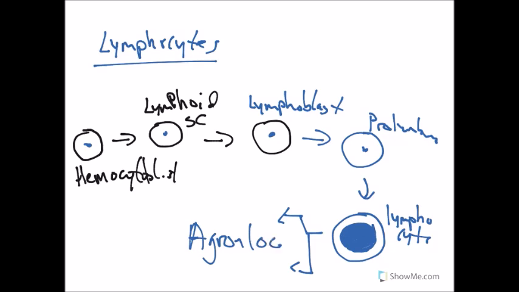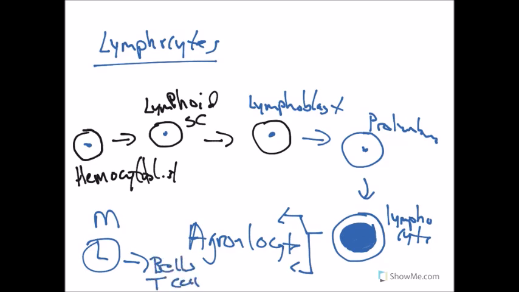And remember, for the agranulocytes, there is the M and the L. The agranulocytes are lymphocytes and monocytes. Lymphocytes ultimately go on to become either the B cells, the T cells, or the natural killer cells.